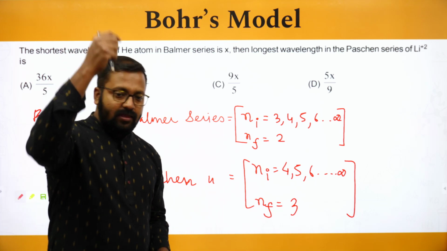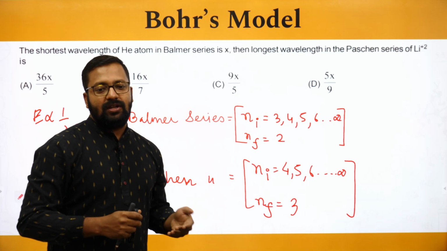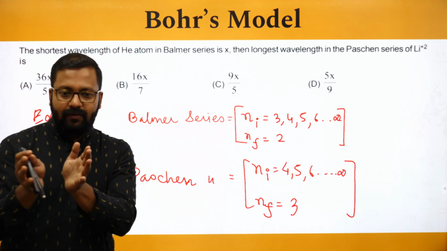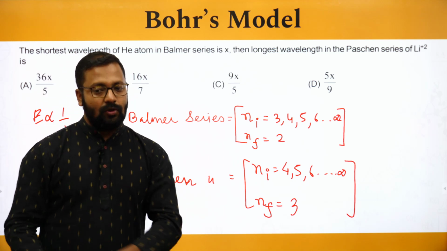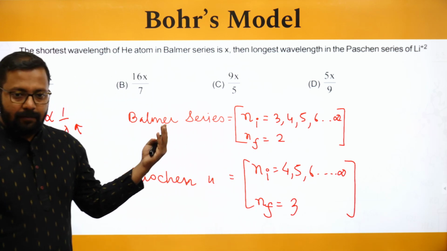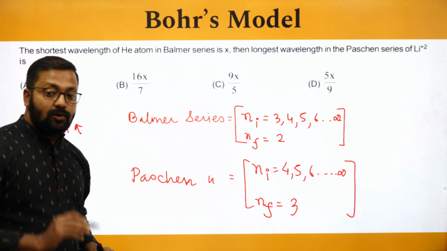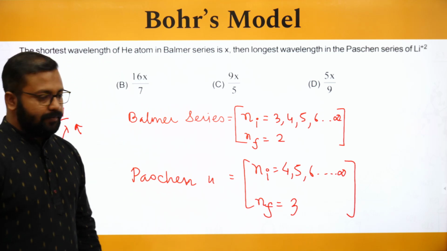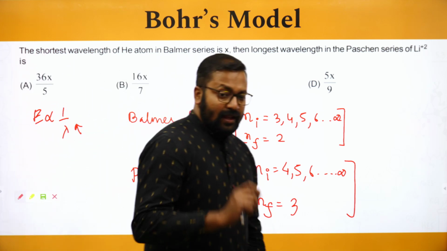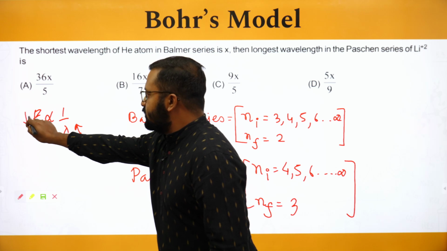If the transition takes place from any higher energy level to any of these energy levels, we qualify them as a particular series. So if final is 2, it is Balmer. If final is 3, it will be Paschen. If final is the ground state, that is 1, it will be Lyman. So if lambda is more, energy is less.